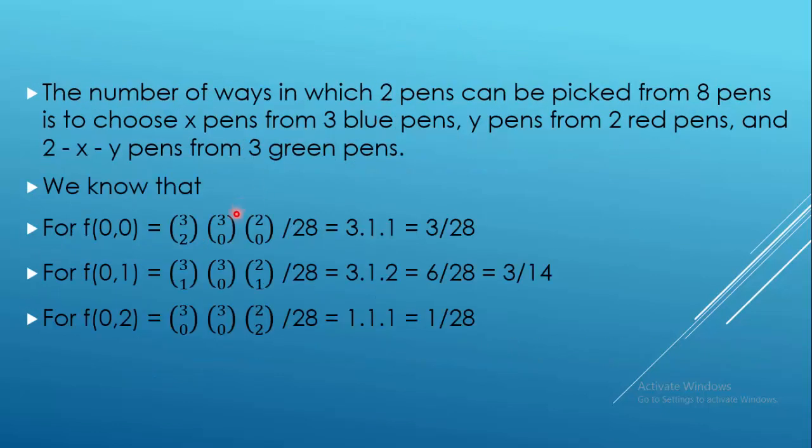This one is representing the blue ball pens and this one is representing the red ball pens. And again in the same way we divide by 28, which is the total number of ways to pick the pens, and we get 3 divided by 28 for f 0, 0. For f 0, 1, in the same way we have calculated, it is 3 divided by 14, and for f 0, 2 it is 1 divided by 28.